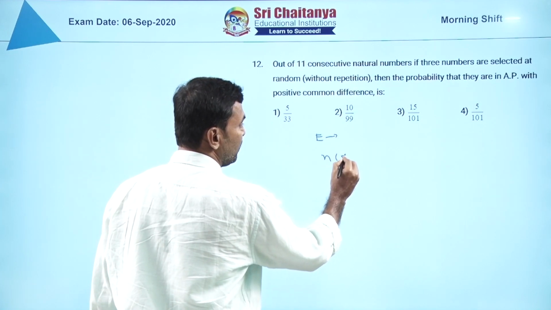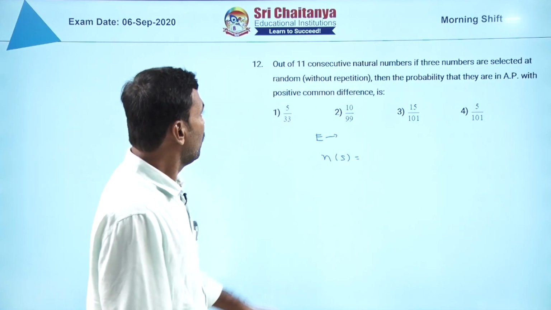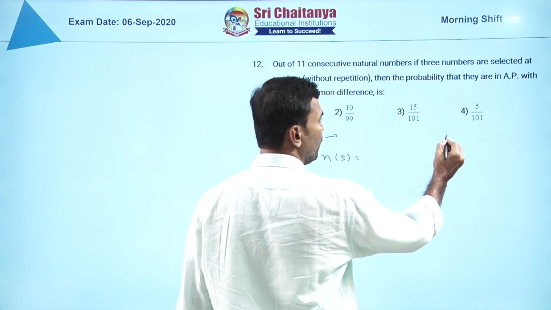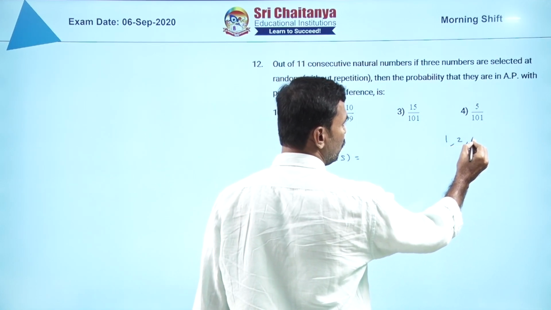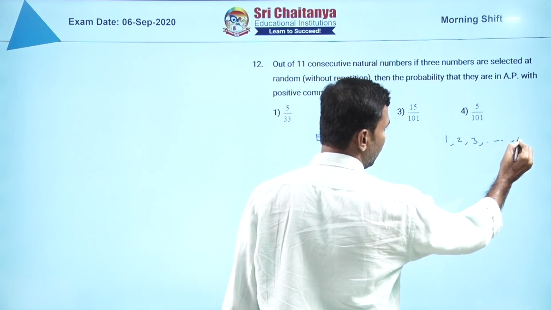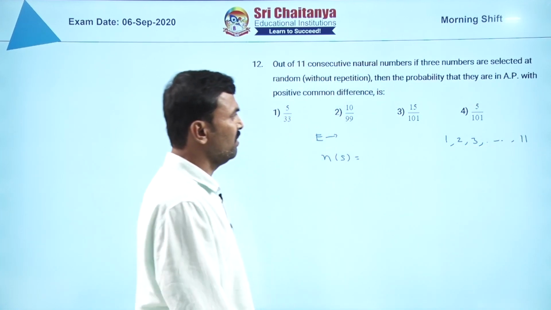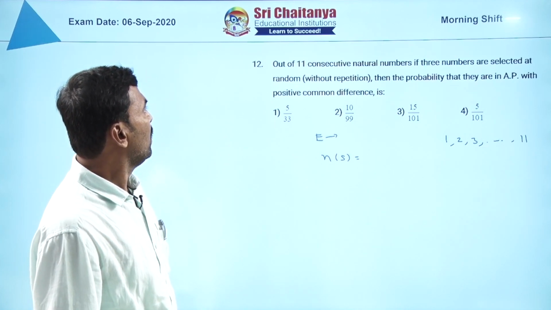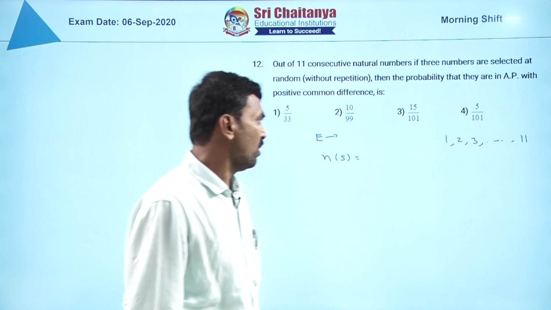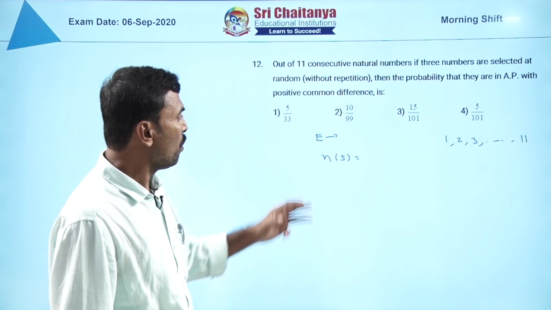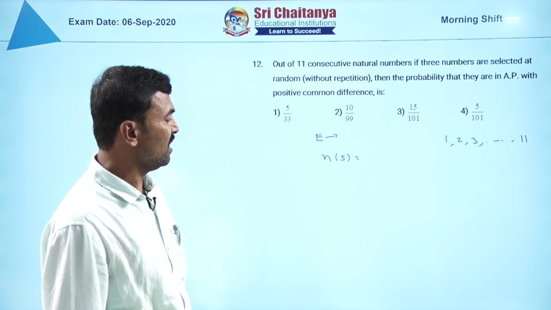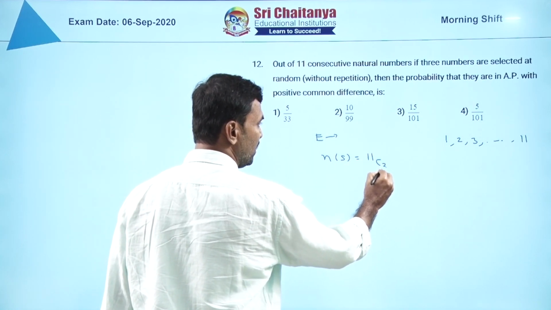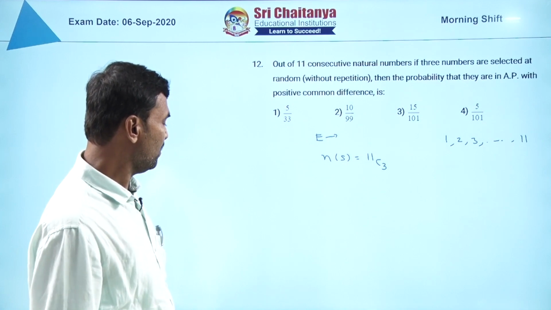What is n of S? From 11 consecutive natural numbers, let us suppose they are 1, 2, 3, 4, 5, 6, 7, 8, 9 up to 11. In how many different ways can I select 3 natural numbers? That is n of S: 11C3 ways.